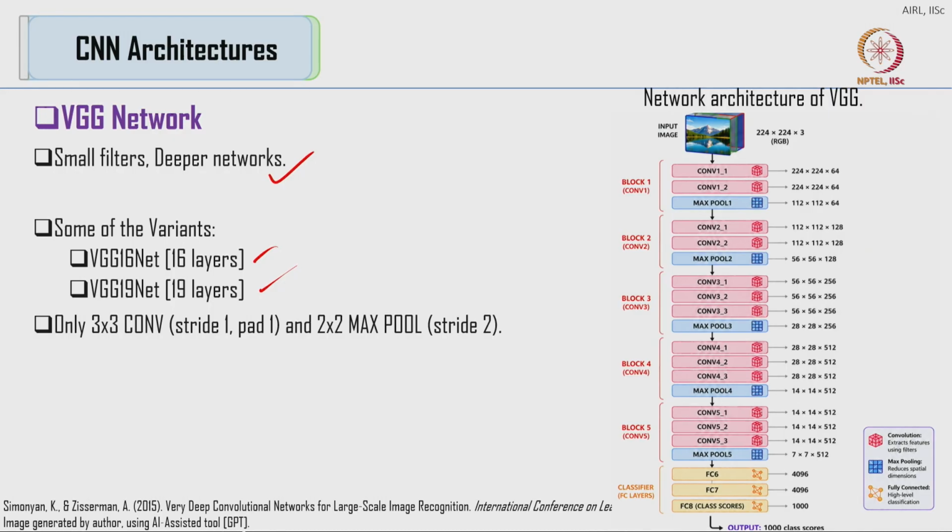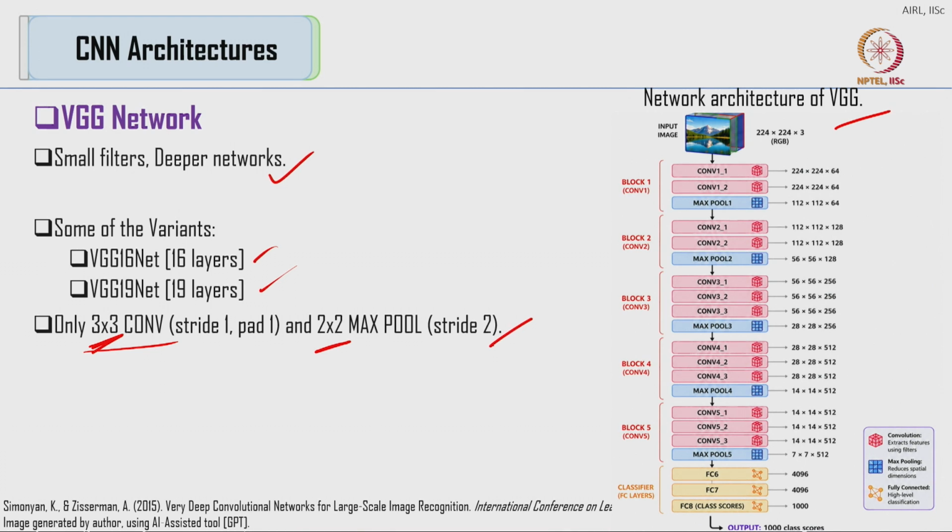Now, essentially the VGG models focused on two concepts, which is using convolution only with 3x3 kernel size, stride 1, padding 1, but the focus is on the kernel size, which is 3x3, and similarly to only use a 2x2 max pool, essentially with a stride 2. Now, the network architecture of VGG is something we can observe on the right.